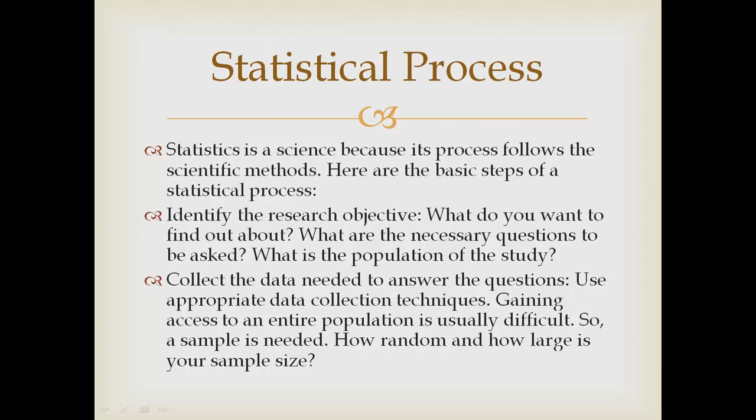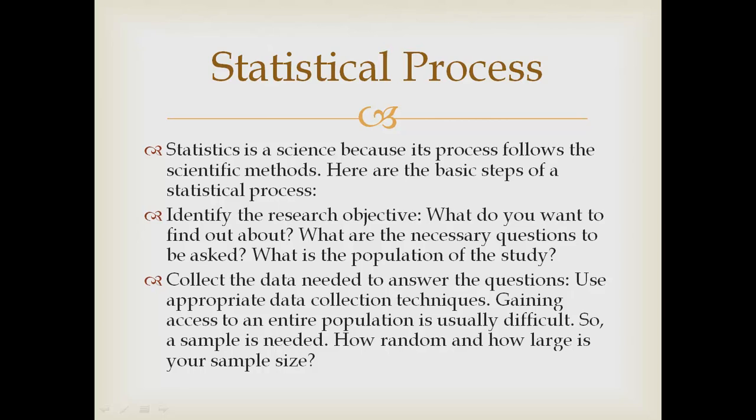Then the next step is to collect the data needed to answer the questions. We use the appropriate data collection techniques. Usually, collecting information about an entire population is difficult. So what we want to do is to get a sample of that population.